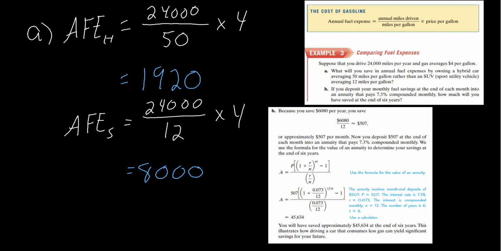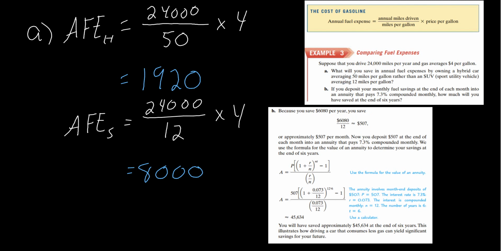Okay, I was trying a different formula out. It didn't work. So it says if you deposit your monthly fuel savings, depending on what you drive, it looks like you save $6,080 per year. That's the difference between our SUV and our hybrid vehicle. So if we save $6,080 per year, obviously we divide that by 12, so we're saving $507 per month.